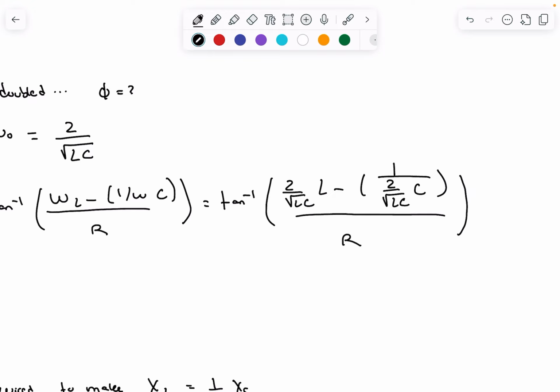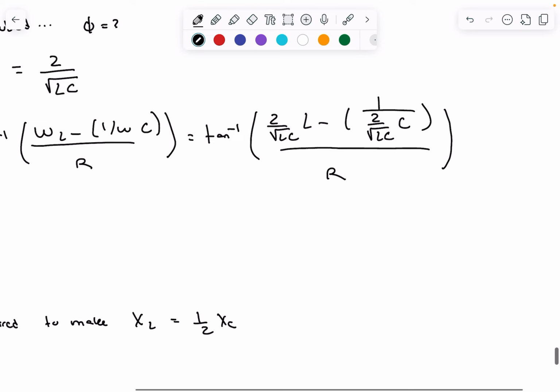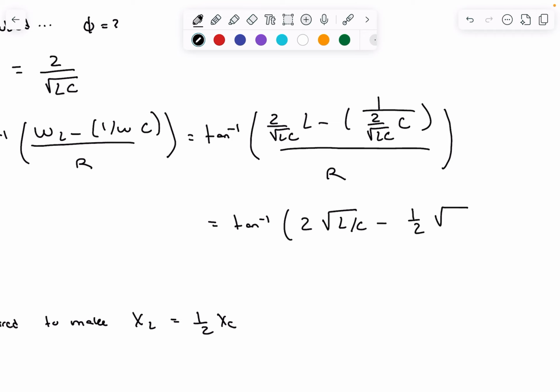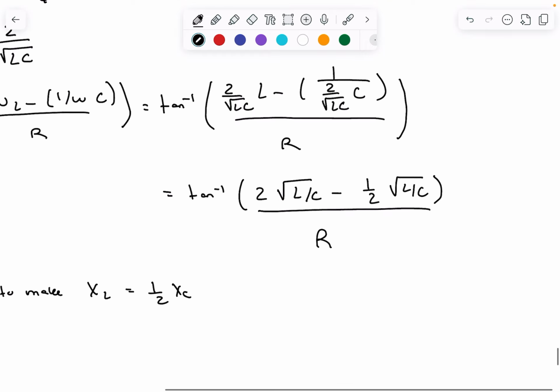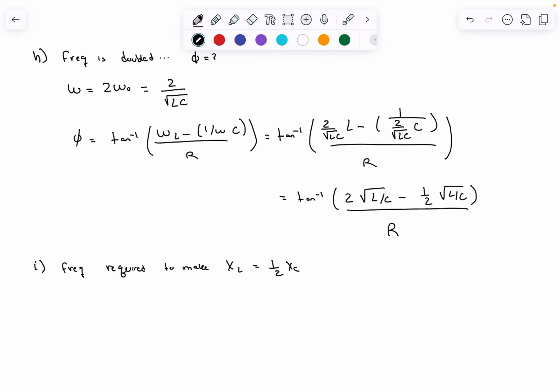Okay, so we can simplify this a little bit, and we get tan to the minus 1 of 2 square root of L over C minus 1/2 square root of L over C. So we're able to simplify it like this, and then we divide all of it by R. We can simplify it once further.